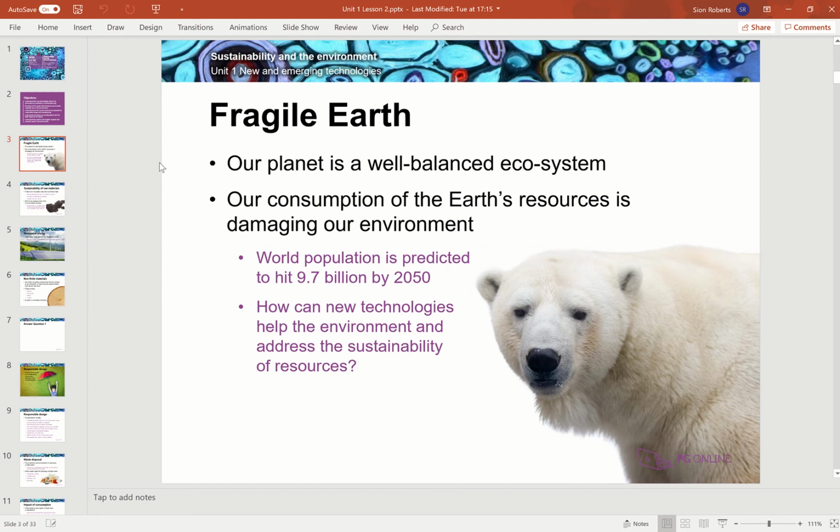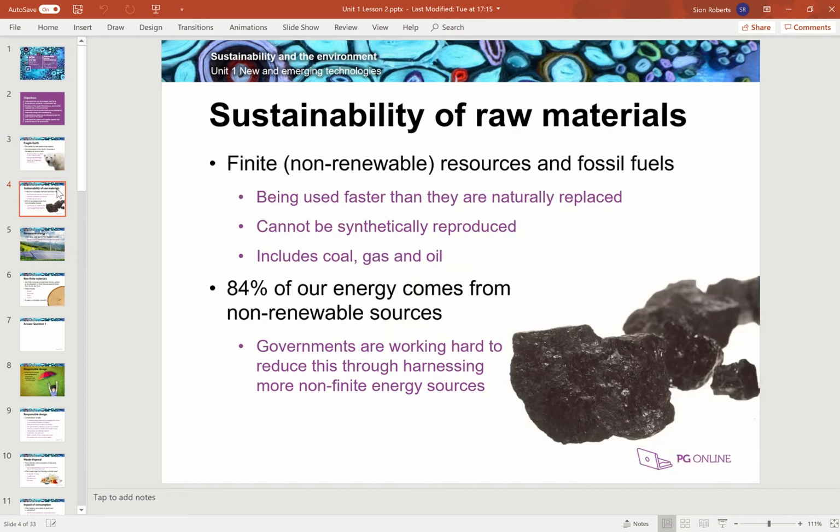There's quite a huge push, as you will be aware, towards sustainable design and the impact on the environment from products, materials. Plastics in particular has been quite big in the news. So we need to talk about energy sources, how we get energy, in terms of two different categories.